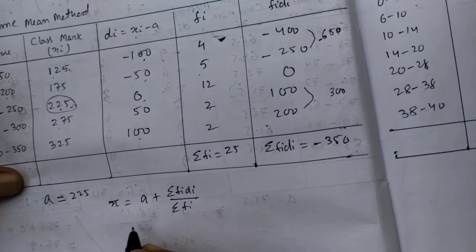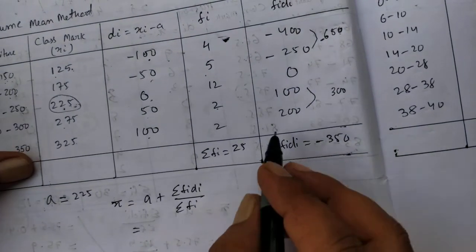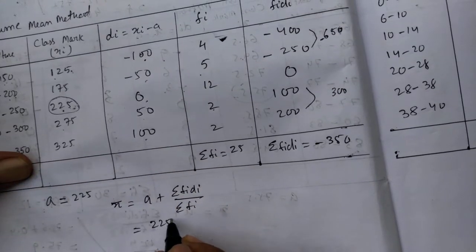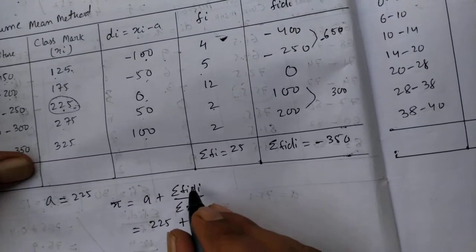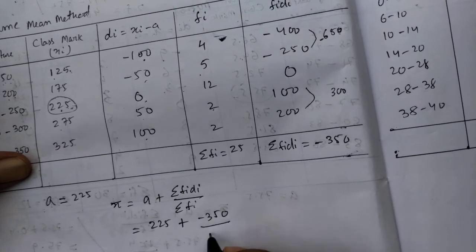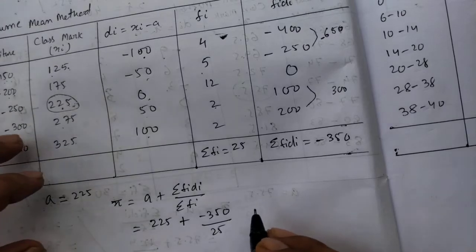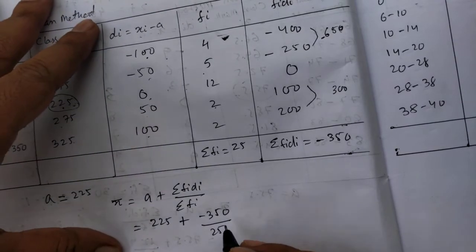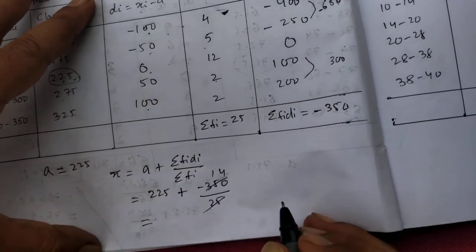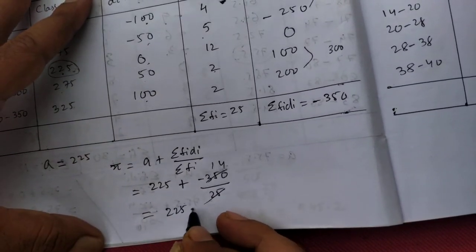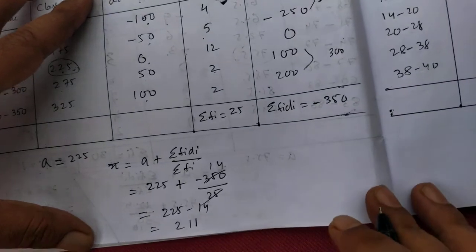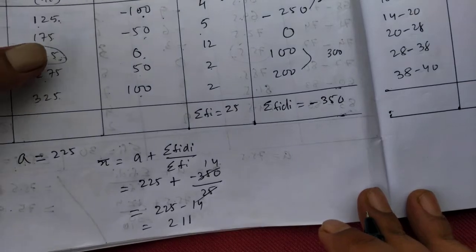A is 225, the selected one, and this is minus 350 by 25. If you cancel by 25, you get 14. So you are getting 225 minus 14, which is 211. You can pause the video and write the solution. Let's go to question number 7.